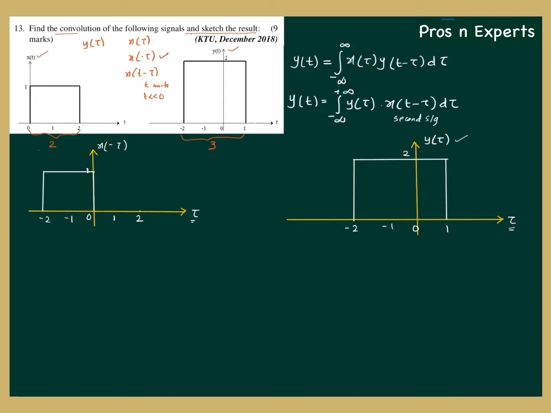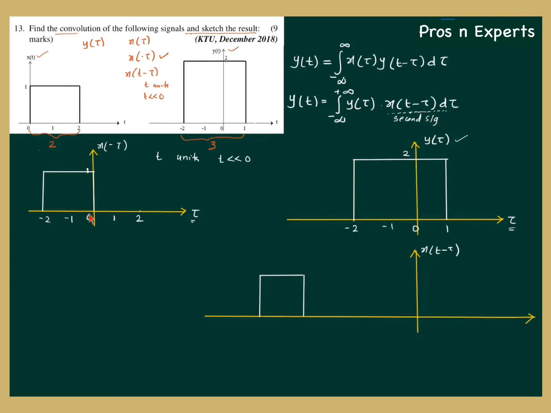Next we have to find out x of t minus tau. Then only we will satisfy this equation. You get x of t minus tau by shifting x of minus tau t units. Initially this t is assumed to be negative, so we have to shift x of minus tau t units to the left. So this is our x of t minus tau, because we have shifted this signal x of minus tau t units to the left.